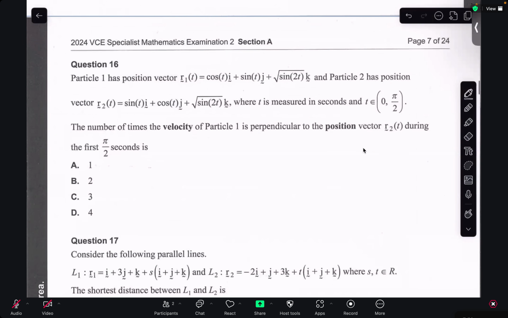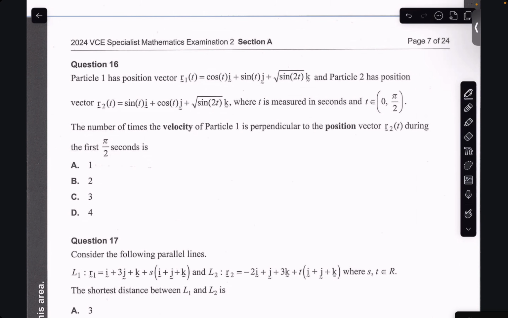Particle 1 has a position vector that, and particle 2 has a position vector that, where t is measured in seconds. The number of times the velocity of particle 1 is perpendicular to the position vector. So particle 1 has that, the number of times the velocity of this, okay, so the velocity is negative sine t i plus cos t j plus whatever the derivative of that is.